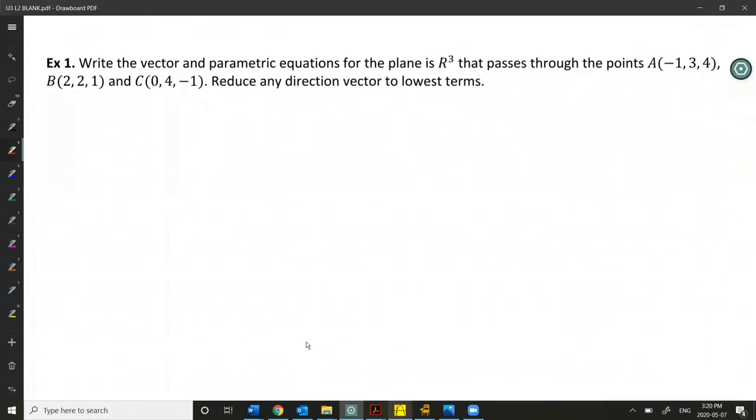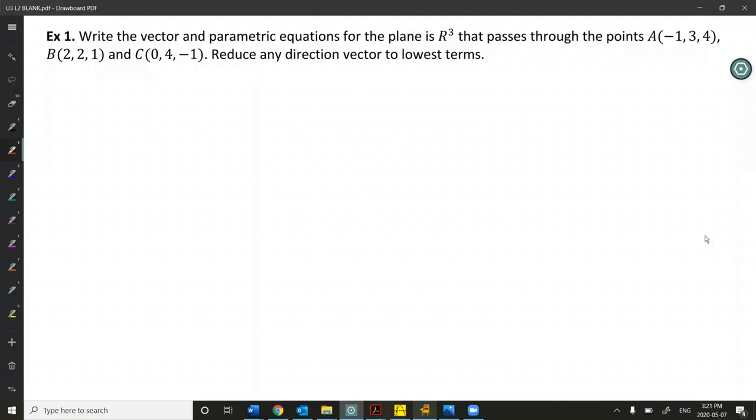All right, let's take a look at an example. We've got 3 points, A, B, and C, that our plane passes through, and our goal here is to write the vector and parametric equations for our plane in 3 space. As you remember, in order to create this vector equation, we need a position vector and 2 direction vectors. So let's just choose any one of these 3 points, it can be A, B, or C, to act as our position vector from the origin 0, 0, 0 out to the point.